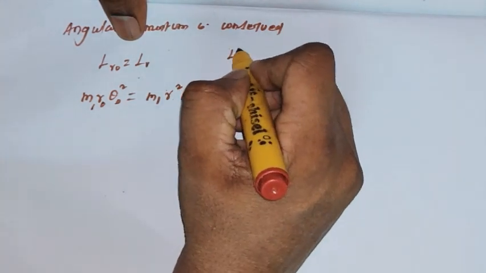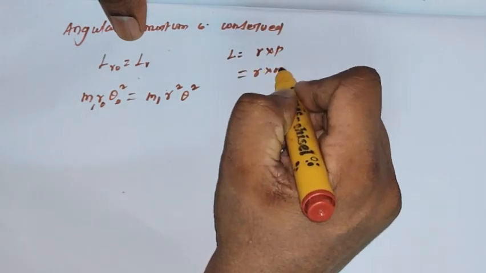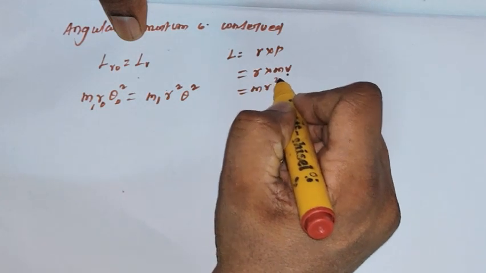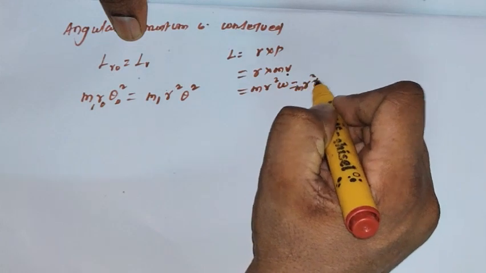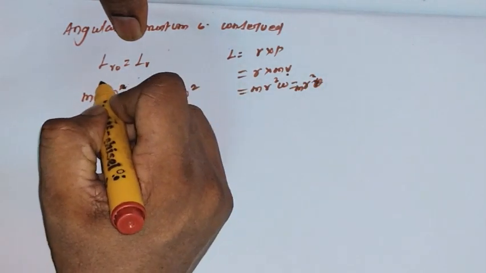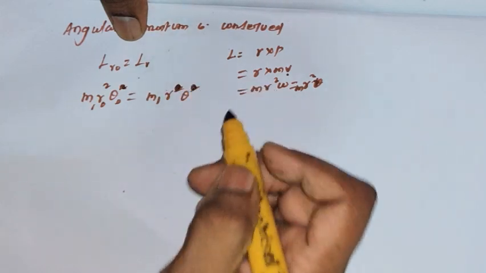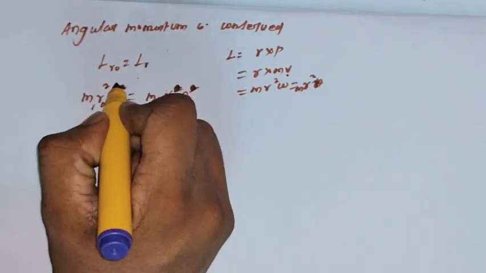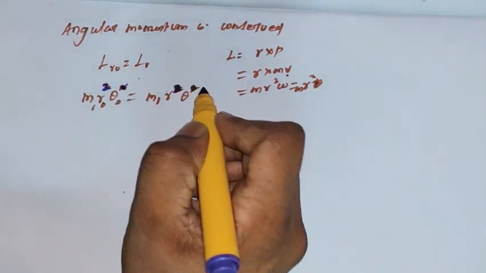So the angular momentum in general you can represent as r cross p. For the circular motion, r cross m v, where v equals r omega, so r times r omega, and omega is nothing but theta dot. So it's m r square theta dot. There is no square on the theta dot here, it's only r square.